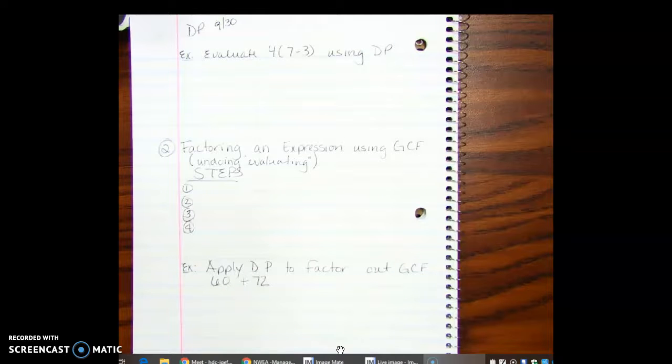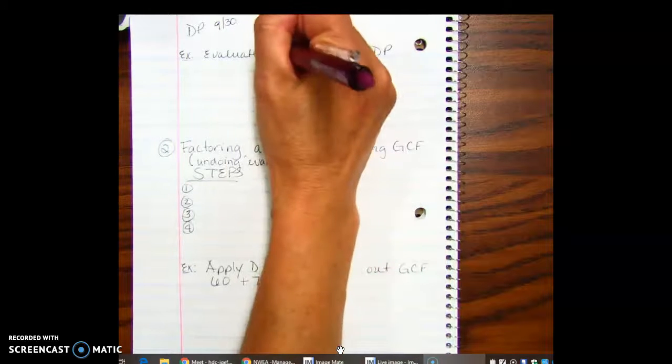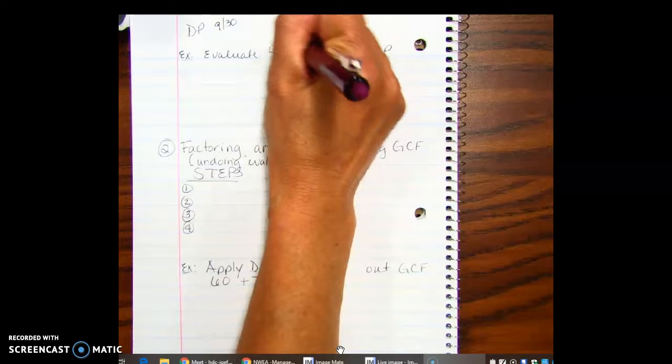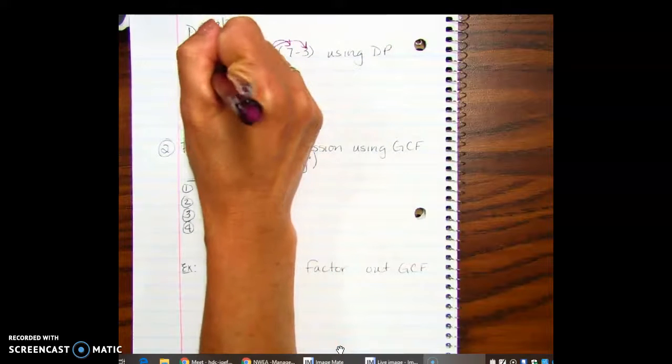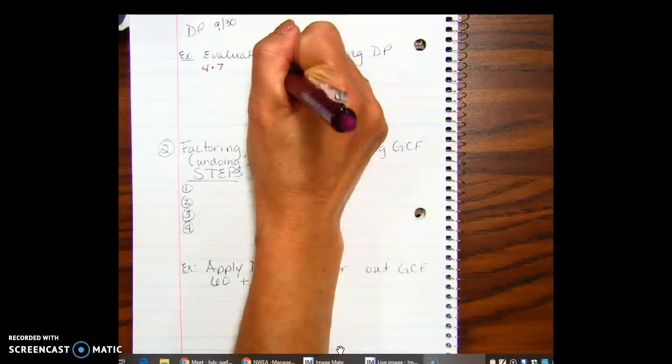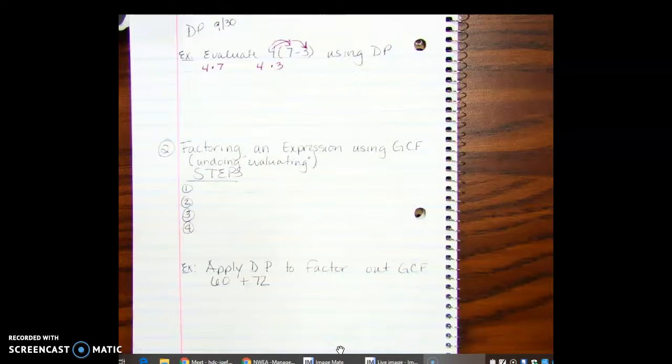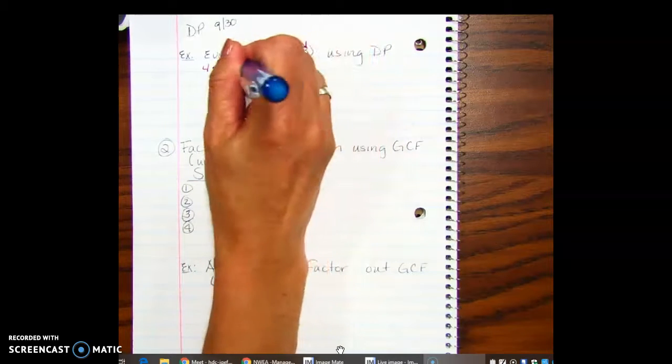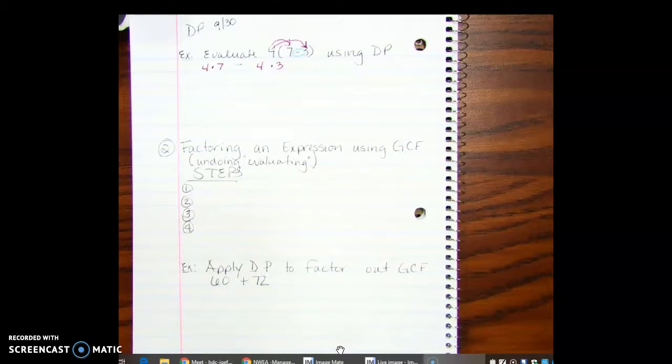Step 1 is to multiply your factors. So I take 4 times 7 and 4 times 3. Step 2 is to put in my operation. And then step 3 is to solve.